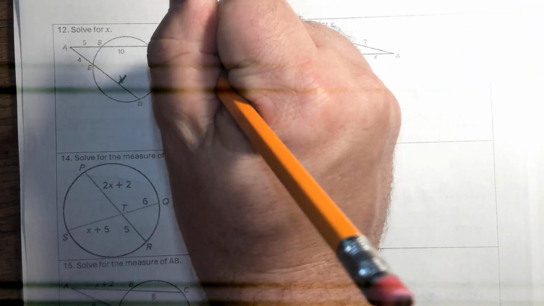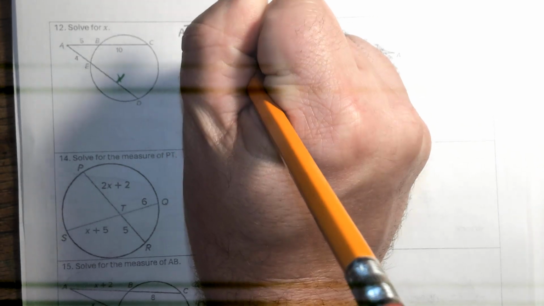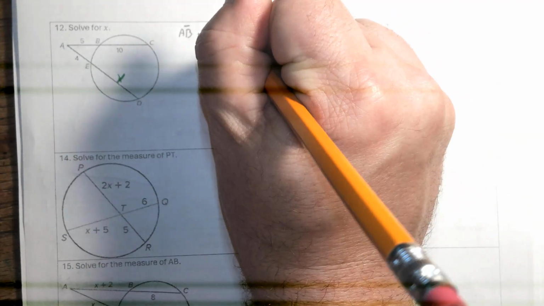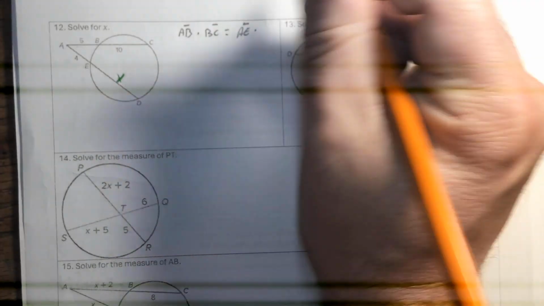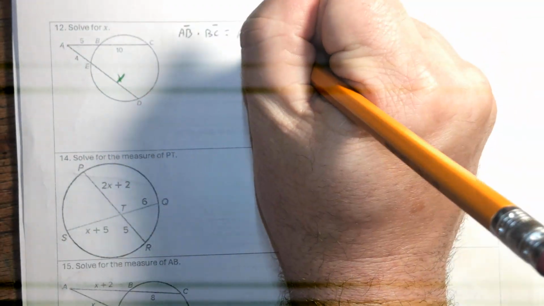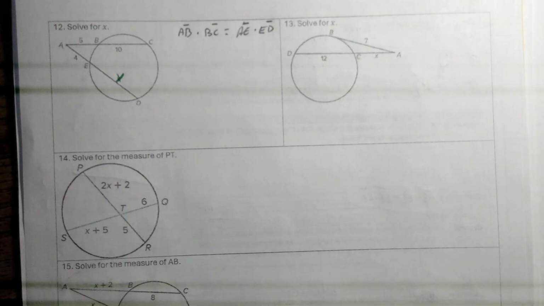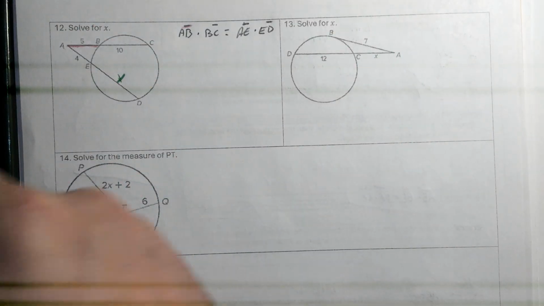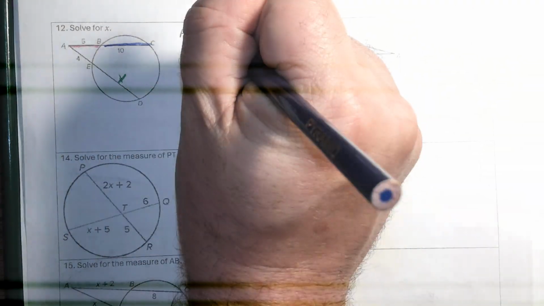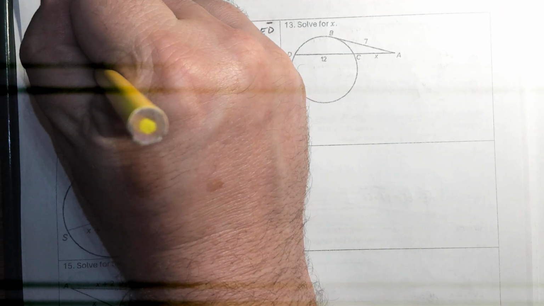Let me write it for you: AB times BC equals AE times ED. Just to make it pretty, here's your AB, here's your BC, AE is right here.